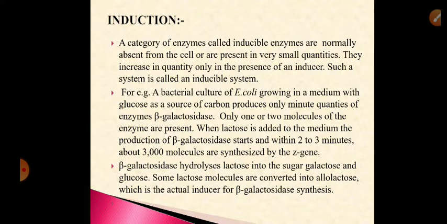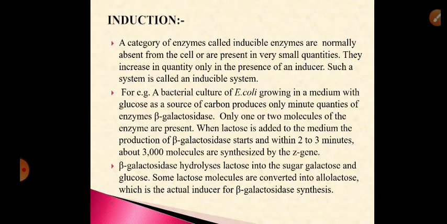But when glucose is exhausted and lactose is added to the medium, production of beta-galactosidase starts, and within 2 to 3 minutes, about 3000 molecules of the enzyme are synthesized by Z gene. As soon as lactose is added, there is an abrupt rise in the synthesis of beta-galactosidase.